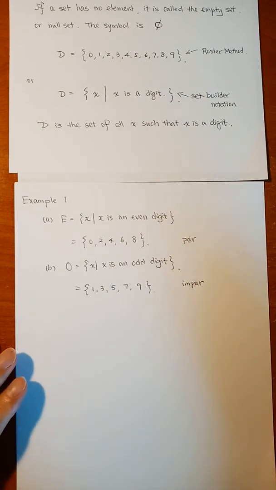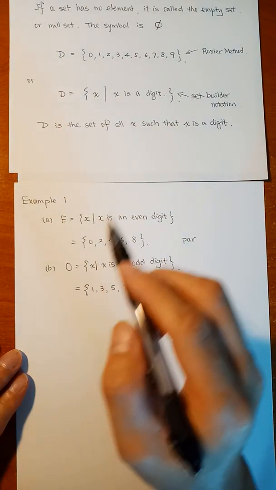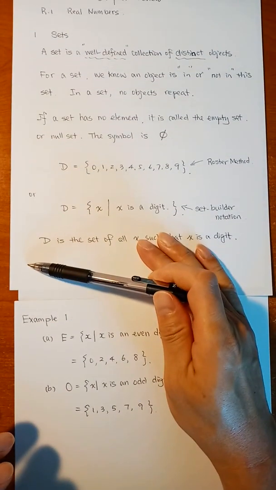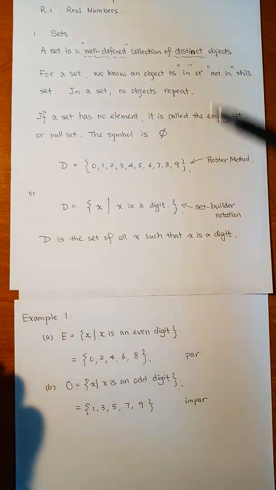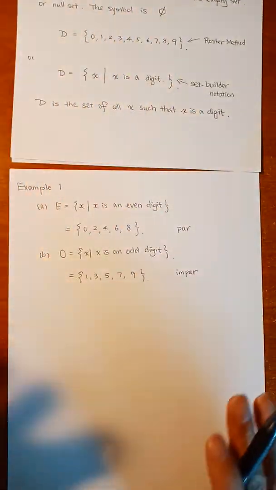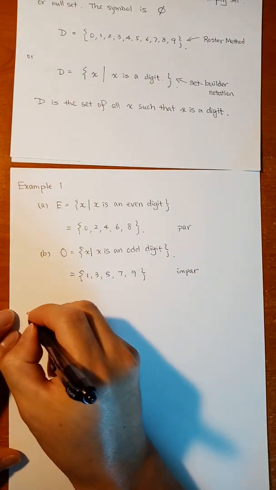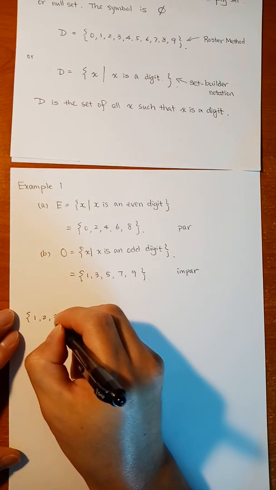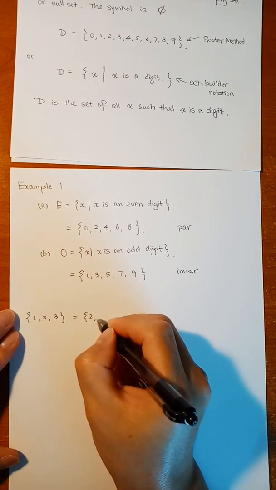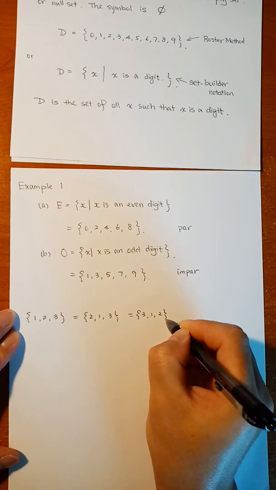Okay, so when we say what a set is, we say it is well defined. We say it contains distinct objects, but we never say they have order. There's no order in presenting a set. For example, if we write 1, 2, 3, we have this set. We can also write it like 2, 1, 3, or even 3, 1, 2, whatever order.